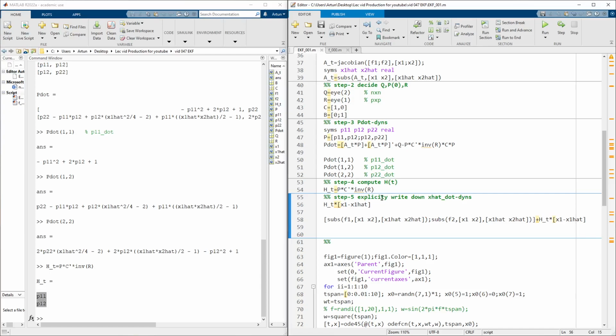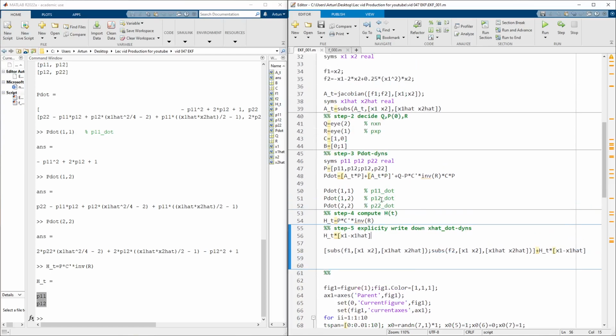So let's try to construct the x hat dynamics, and since we used x1 and x2 starting here, we need to substitute x hat for the x terms. That's why we are using the subs command. Here f1 and f2. It totally makes sense if you think about it for a minute.